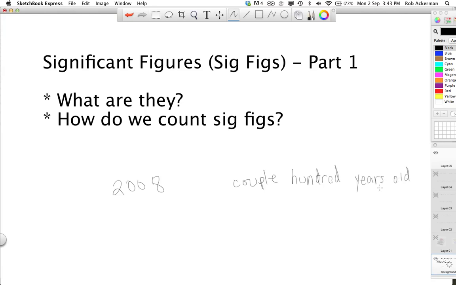Maybe you took it to an art dealer who was able to look at the quality of the paint and the way that it was done, and could tell that, yeah, this thing would have been painted like 200 years ago. Okay, fine.